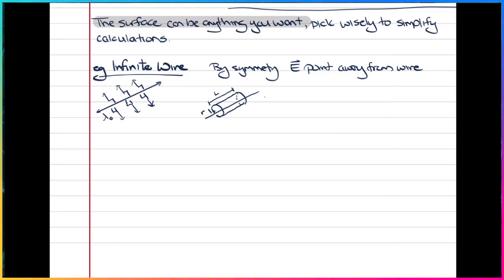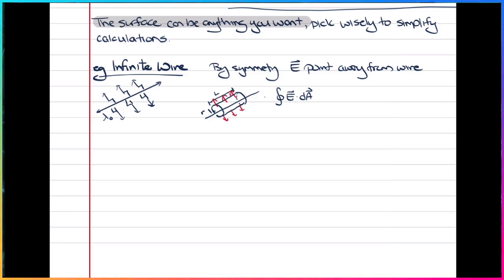But again, remember, we know that the electric field, by symmetry, must point away. So in evaluating the net flux through this surface, essentially there are three sides to the surface. Let's use colors.